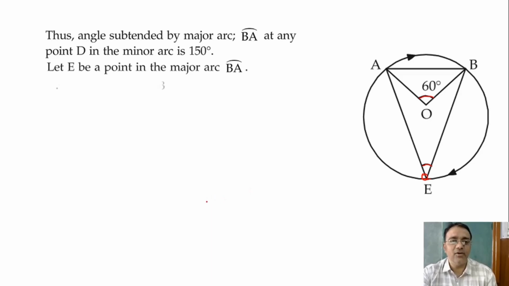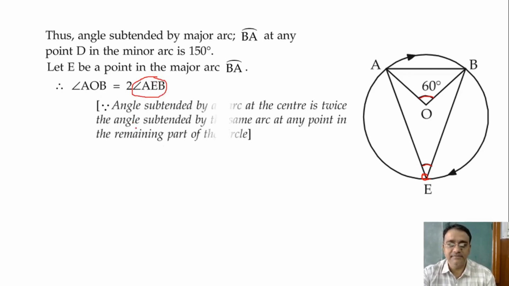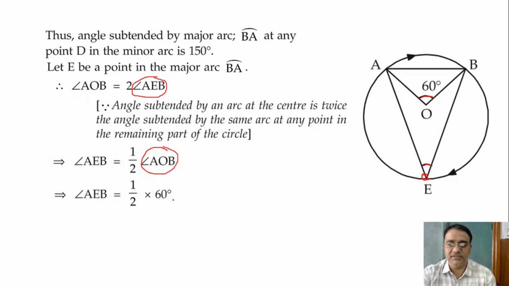So angle AOB is equal to 2 times angle AEB. So angle AEB will be equal to half of angle AOB. And this value we got already, 60 degree. So half of 60 degree will be equal to 30 degree.